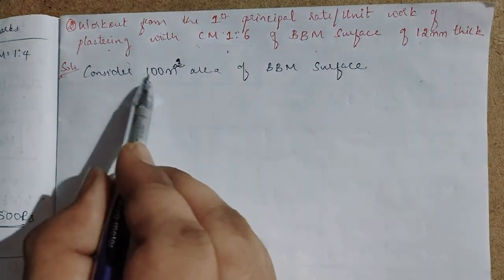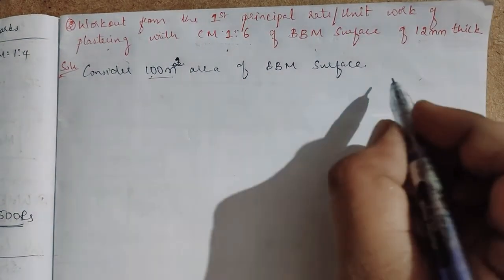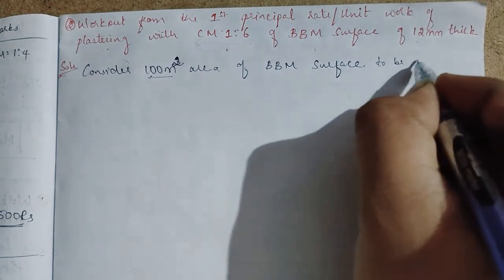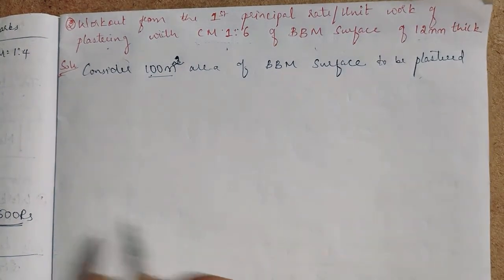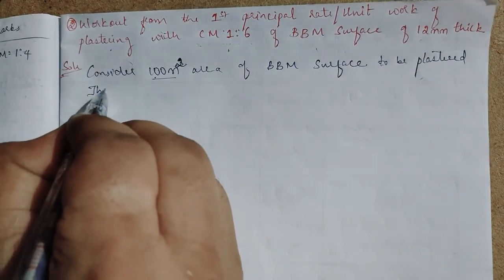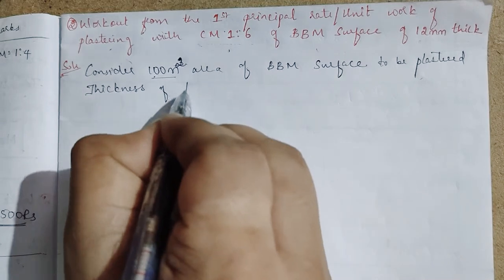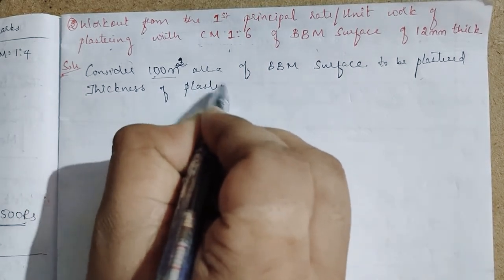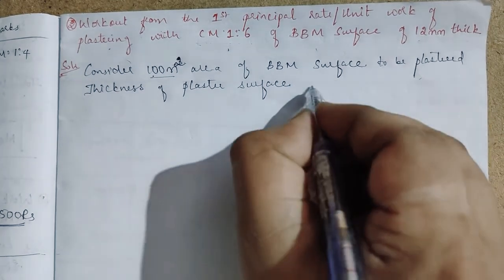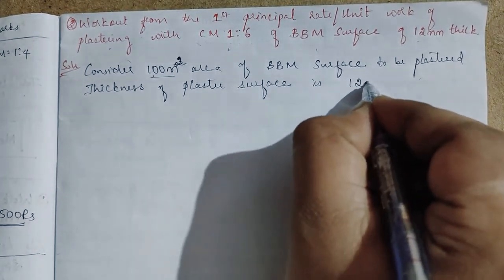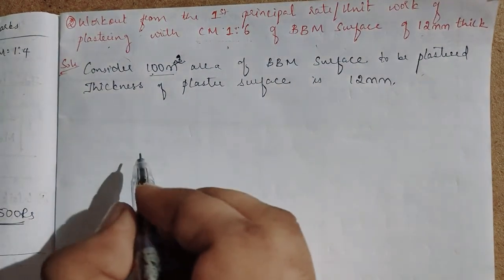I took 100 meter square area surface to be plastered. Fine. Now they have also given what? Thickness of plaster surface. Plaster surface is 12 mm.